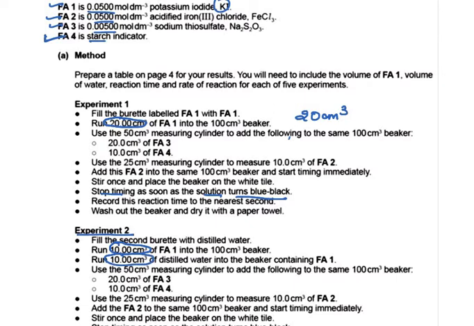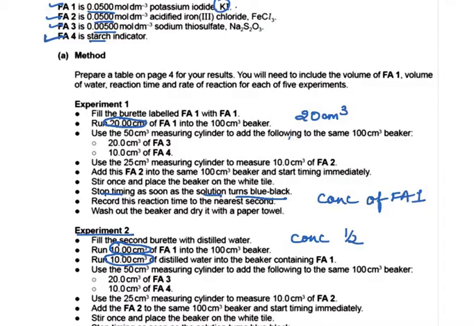That shows that we are reducing the concentration to half in this experiment. So you can make out that what we are changing is the concentration of Fa1, and we are measuring the rate based on the various concentrations of Fa1.